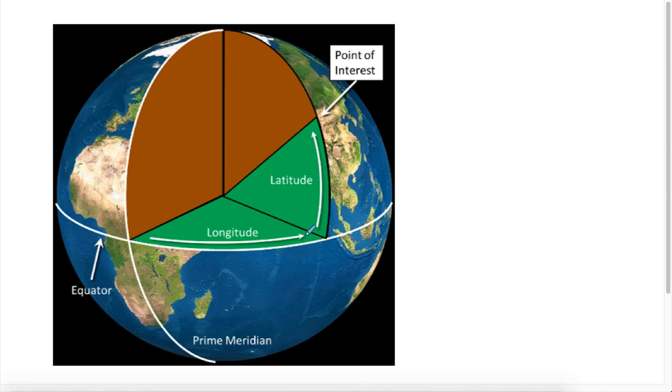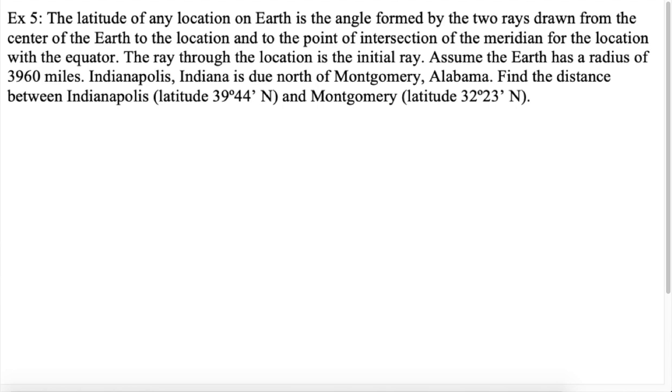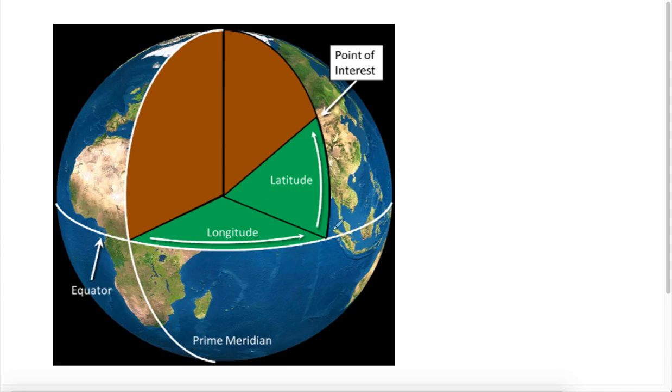So if we have two cities that are on the same longitude, which in this example it's saying that they are, it's saying Indianapolis is due north of Montgomery. We want to find the distance between these two cities. Well, what we're going to be doing is finding the arc length.